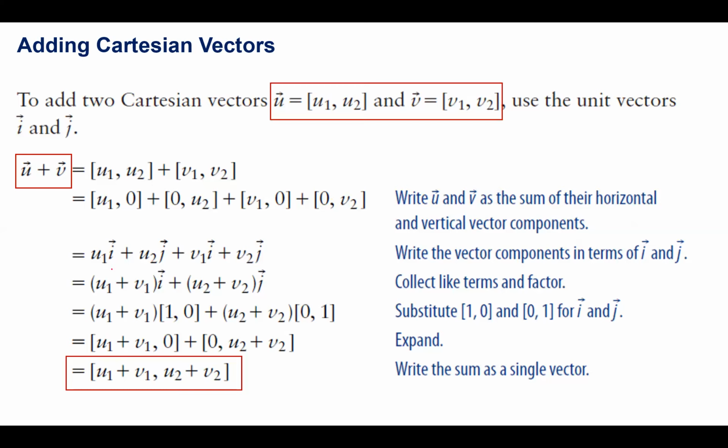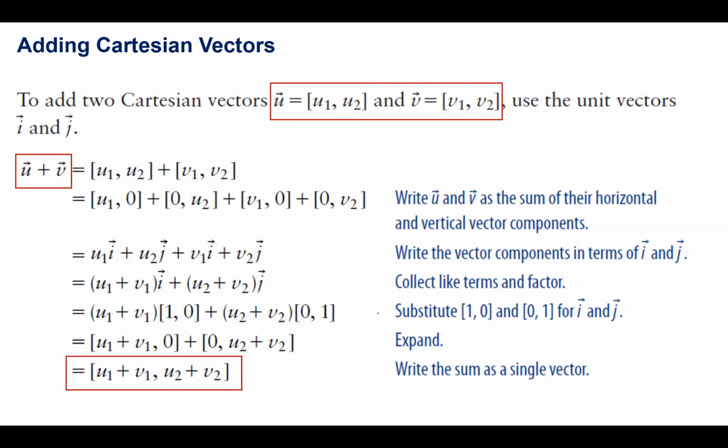Then that gives us u1 times i plus u2 times j plus v1 times i plus v2 times j, because we can write the vector components in terms of i and j. i and j are the unit vectors along the two directions. Then we can collect like terms and factor, which gives us (u1 plus v1)i plus (u2 plus v2)j.